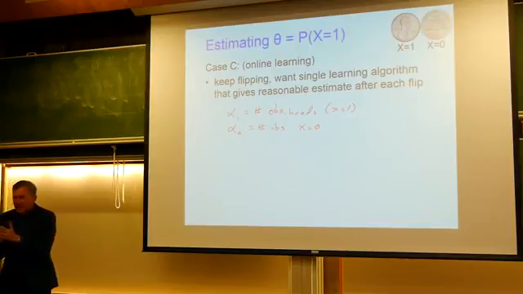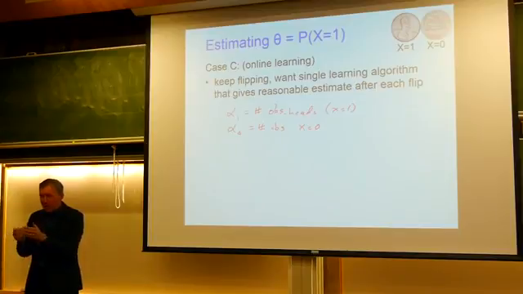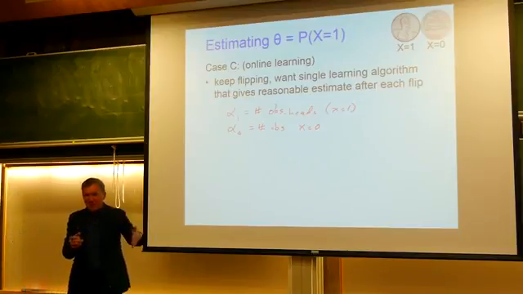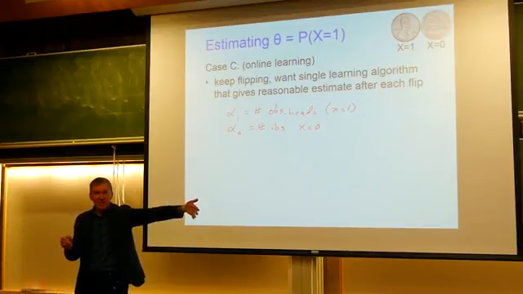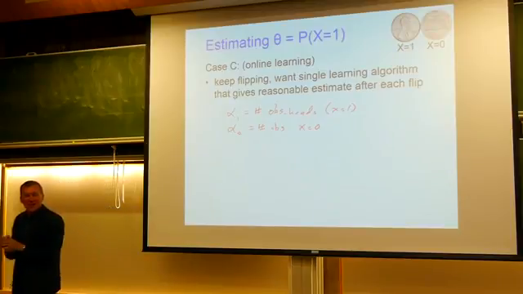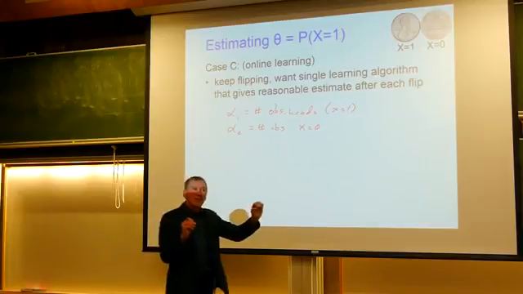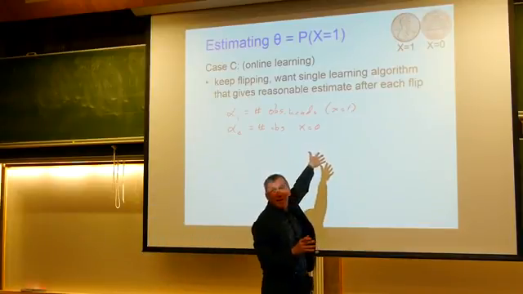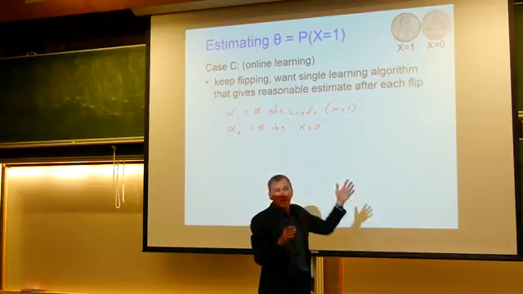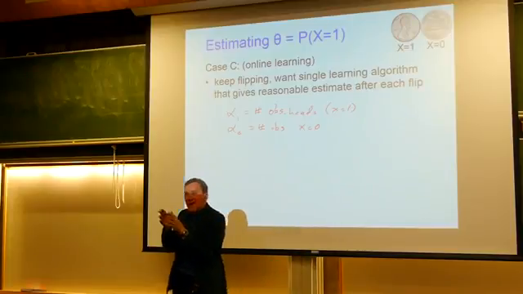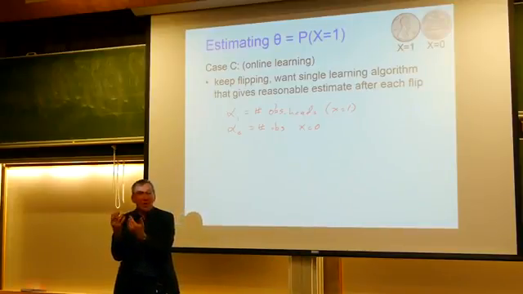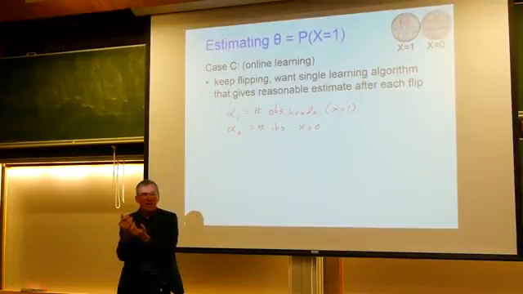It's just that I want the same rule to work after I flipped it twice and 3 times and 5 times and 4 million times. I want an equation I can write down here that captures your intuition that the more we flip it, the more I'm going to trust the empirical estimate I get from the data. But before we flip it a lot, I also want to weight some prior information that I have that many government issued coins are 0.5.